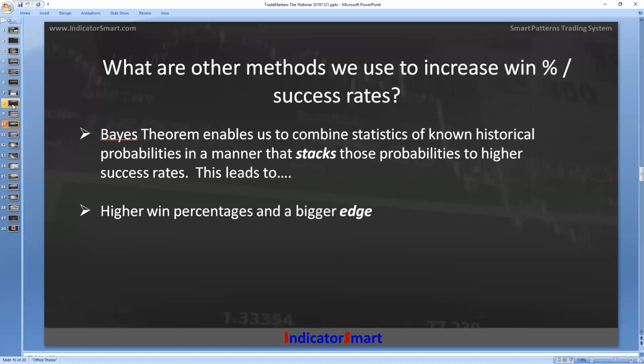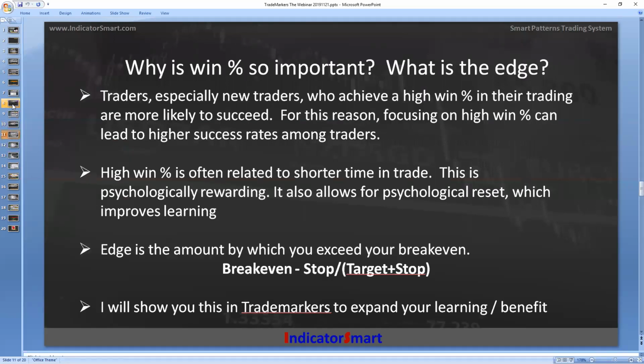As a general rule, higher win percentages give you a bigger edge. We're going to go look at some charts in a minute. Why is win percentage so important? Well, I've been training traders for a long, long time, and one of the things that I've found that's more important than anything else is that, particularly in the early stages, a trader has a high win percentage.